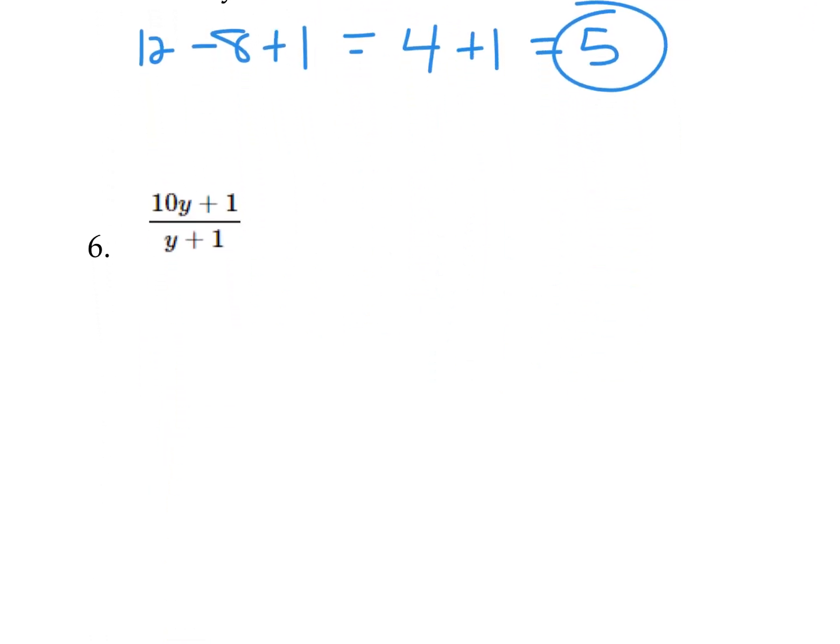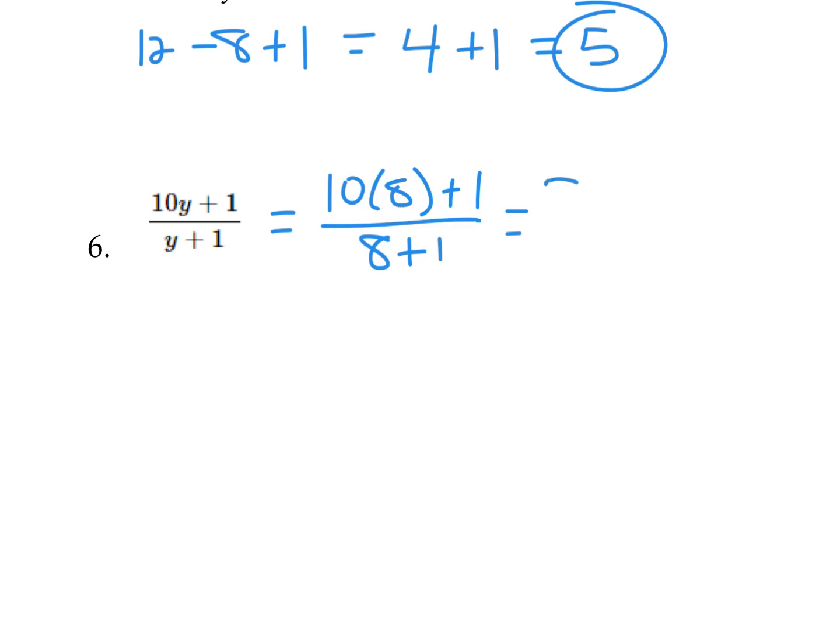In this next example, we're going to plug in an 8 for the y, and now we're going to see that fraction bar come into play in our last step. So first, the numerator and the denominator are grouped separately. This fraction bar is grouping the numerator with the denominator. So in the grouping that is the numerator, we're going to follow our order of operations, do 10 times 8 and then plus 1.